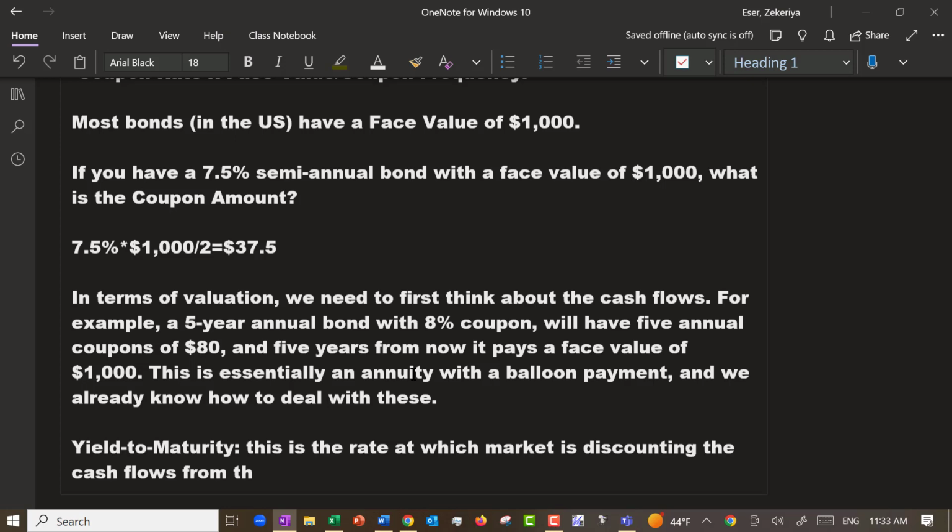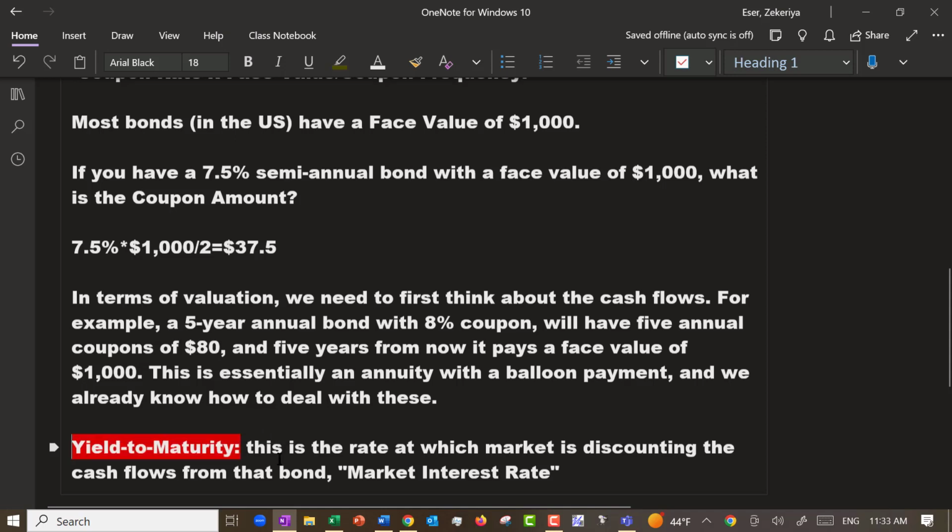In a sense, it's a market interest rate. Specific to that maturity. Interest rates are not necessarily constant over maturities.